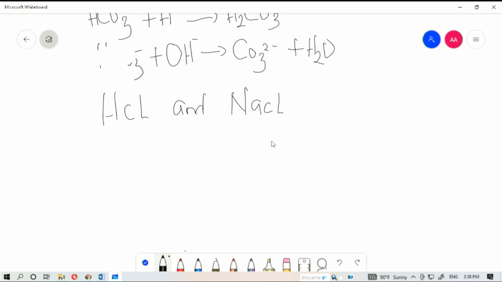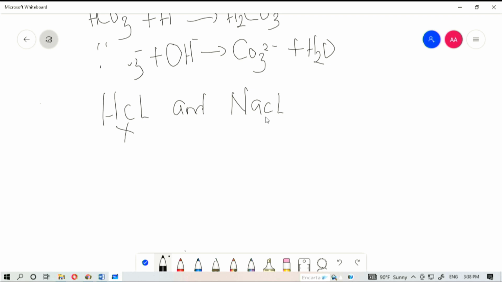The first one, I said no strong acid, it must only be a weak acid or weak base. HCl is a strong acid, which means this cannot work, because you cannot pair a strong acid with a base. That means this strong acid cannot make a buffer with sodium chloride.